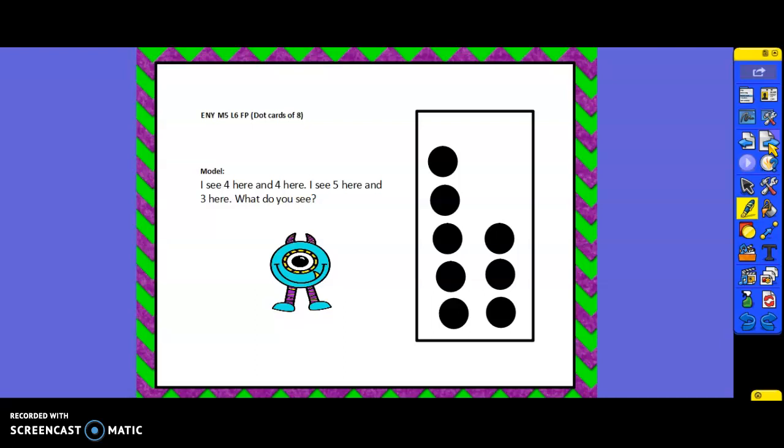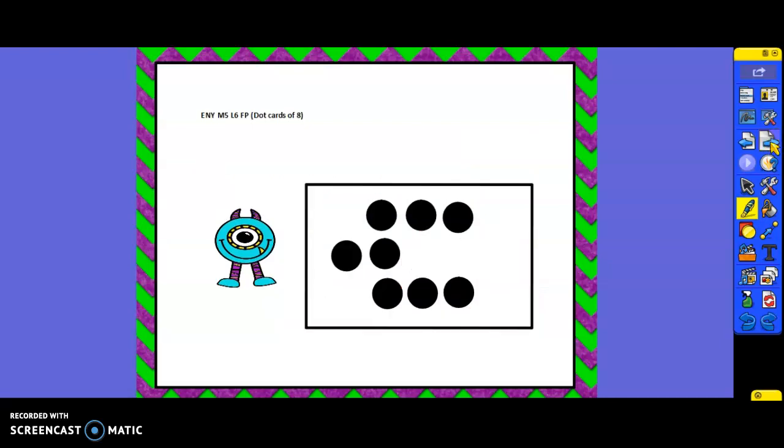When I look at these dots, I see a group of 5 and I see a group of 3. I see the parts 5 and 3 that work together to make my 8. 5 and 3 make 8. Part, part, and 8 is my whole. You might have seen this number a different way, and that's okay. Everybody's mind works a little differently.